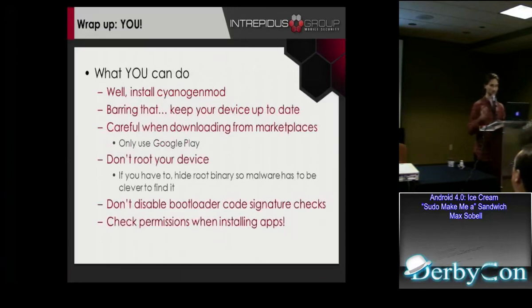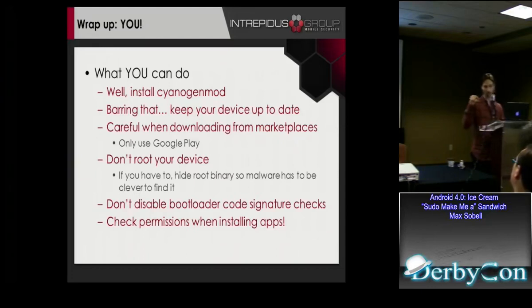So what you can do as a user, first you can install CyanogenMod. Other than that, you just have to hope and pray that your device stays up to date. And a lot of devices kind of fall out of favor in 8 to 12 months anyway, and you stop getting updates. Be really careful when downloading from marketplaces. Only use Google Play. Everything else can't possibly have a reliable method of checking signatures of apps.